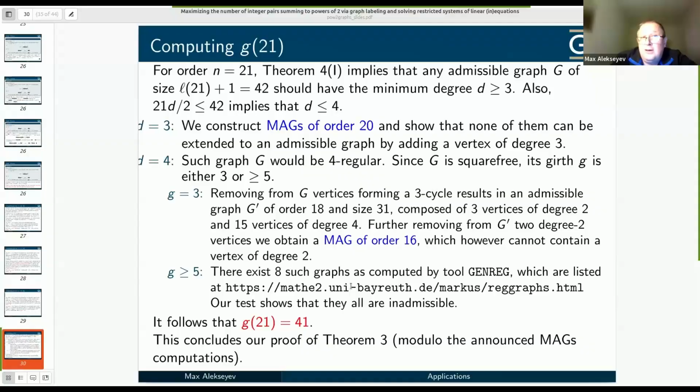So for n equal 21, our theorem implies that the graph that we need to test has size 42, and minimum degree should be at least 3, but also we can easily get that it may not be greater than 4. So minimum degree is either 3 or 4. If minimum degree is 3, we follow the previous route by constructing max graphs of order 20 and trying to add a vertex of degree 3 in all possible ways to it.